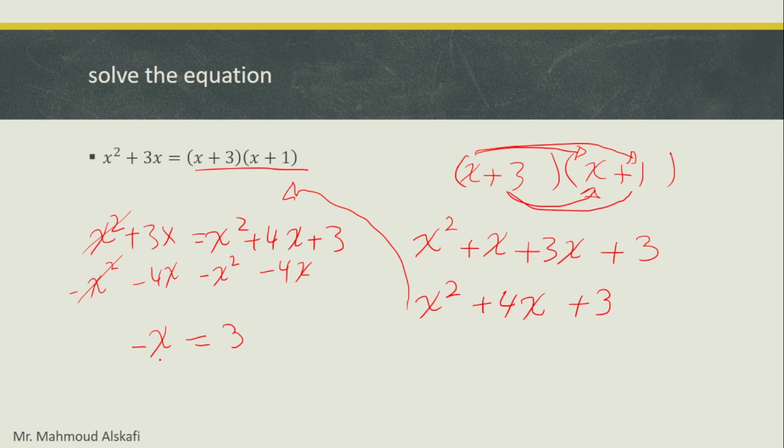Okay, in this case, we have minus x equals 3. So we didn't find the value of x. We need the value of x, not the value of minus x. In this case, divide by minus 1 for both sides. So that gives me x equals negative 3. Okay.